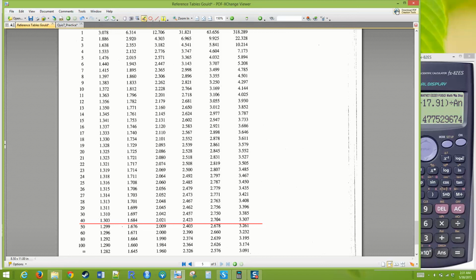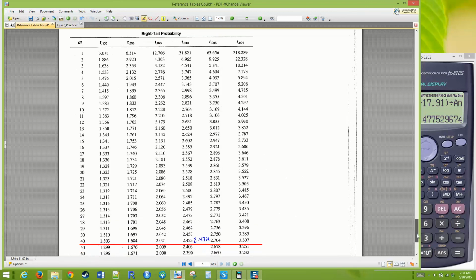Okay, so 2.4775 is in between 2.423 and 2.704. That puts us between 0.010 and 0.005.